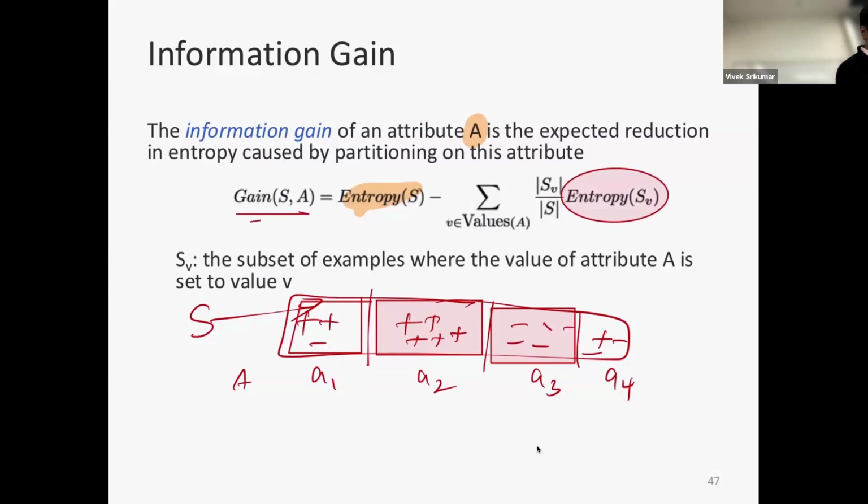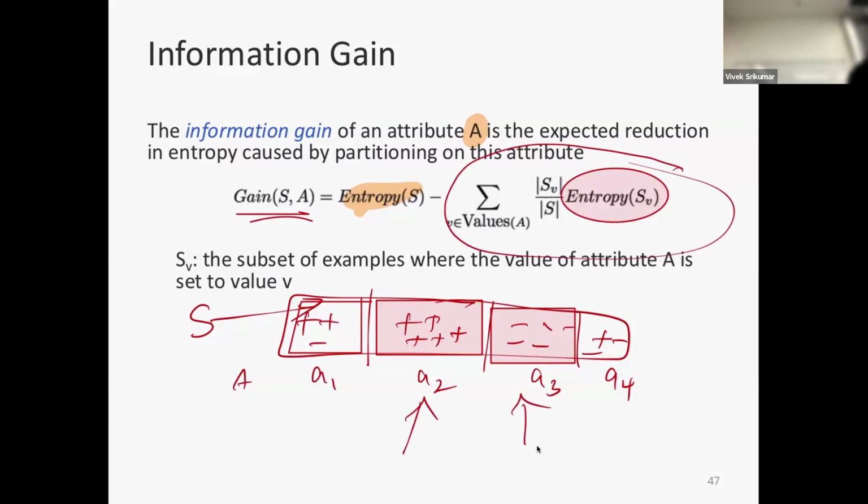And the information gain is simply the original entropy minus the average entropy of all the subsets. It's not an equally weighted average because subsets A2 and A3 have more examples, so they should have increased importance.